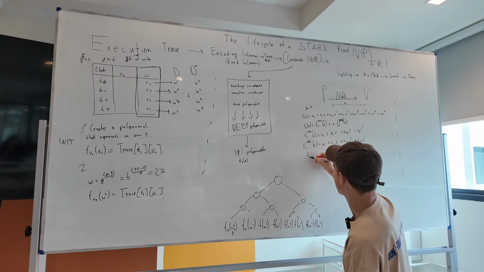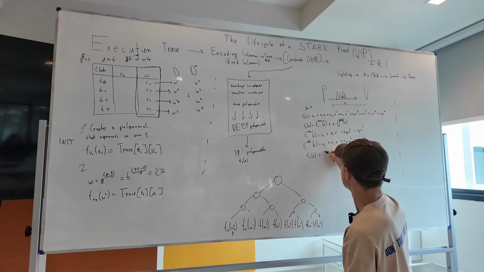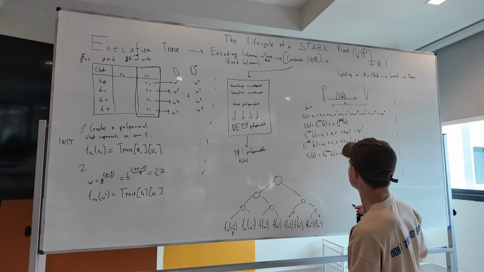We then will have our f1 polynomial, which is going to be f0 even of x. I'm not going to write it out. So it's going to be this polynomial plus r1 times f0 odd of x.